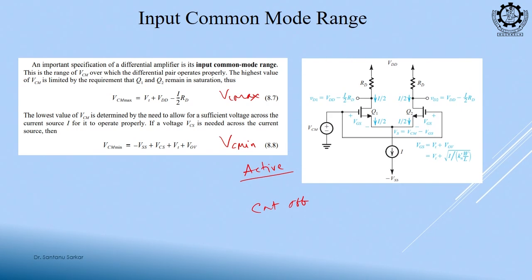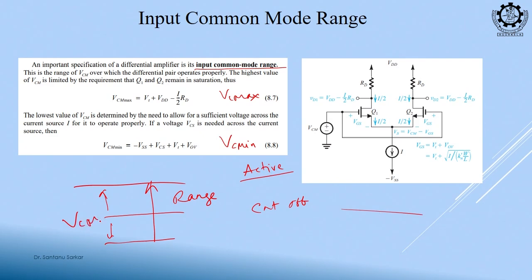From these two conditions we can calculate this. So these two are my maximum and minimum limits, and this is known as the input common mode range. My VCM can vary, but it cannot vary more than these two limits. So this is my range, within this I am safe.